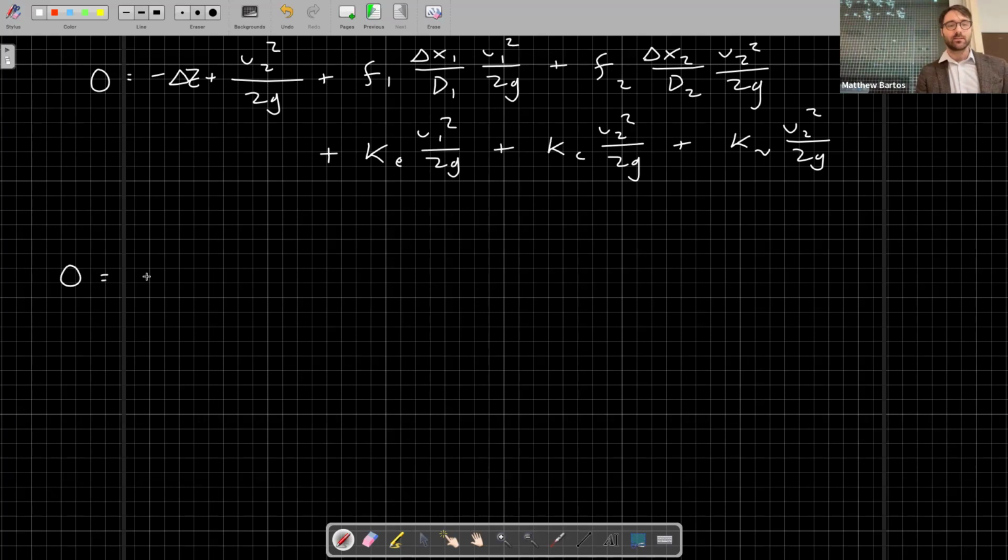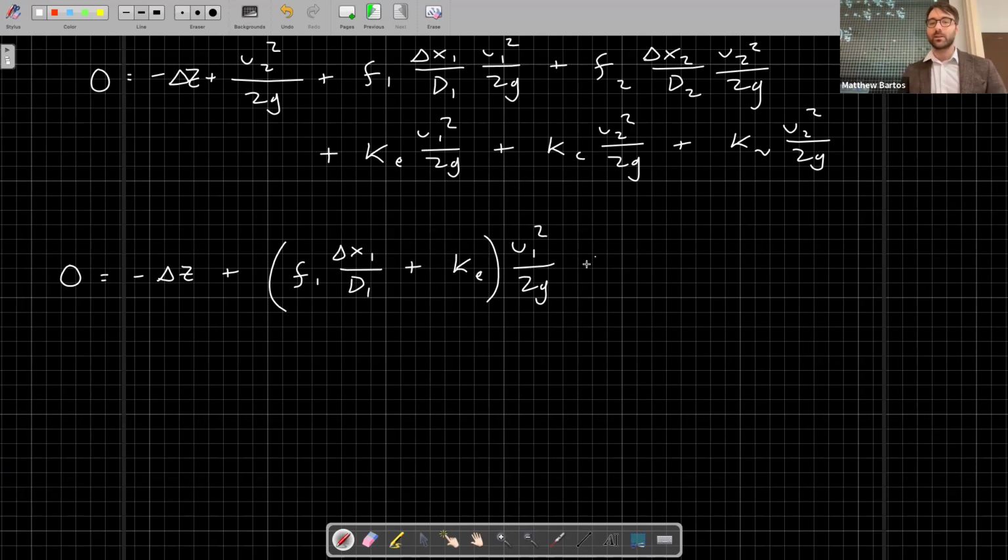We have that 0 is equal to negative delta Z plus, okay, so first I'm going to group together all the terms that depend on U1 squared over 2G. That's going to be this first frictional loss here and our entrance loss. So we'll have F1 times delta X1 divided by D1 plus KE, all times U1 squared over 2G.